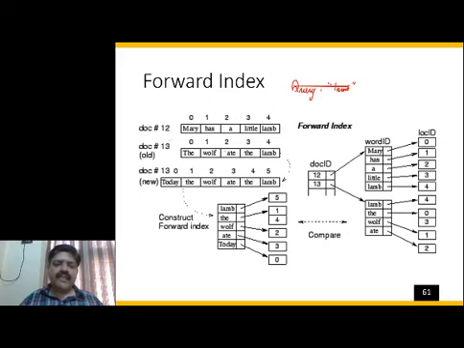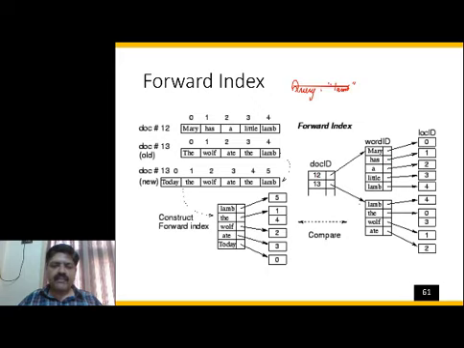I don't like this idea of going through each document ID and then comparing. So I start with each document ID, go to its list of words and see whether the list of words is of interest to me. If you want to do phrasal queries or positional queries, obviously you need to remember the positions as well. So Mary appeared at position 0 and so on. So we had to keep the location ID information as well.